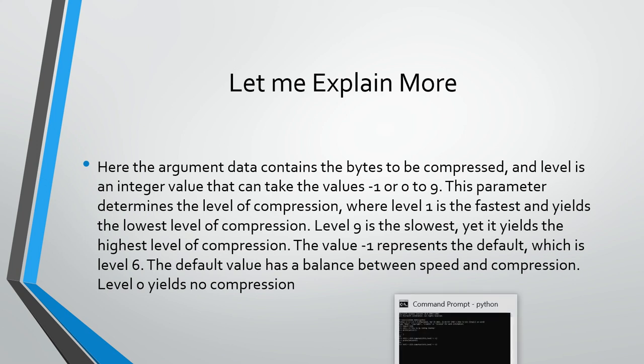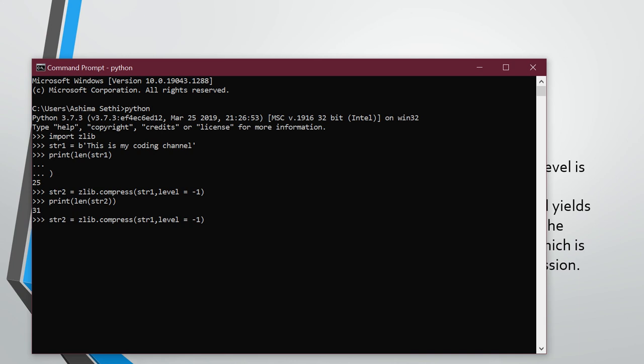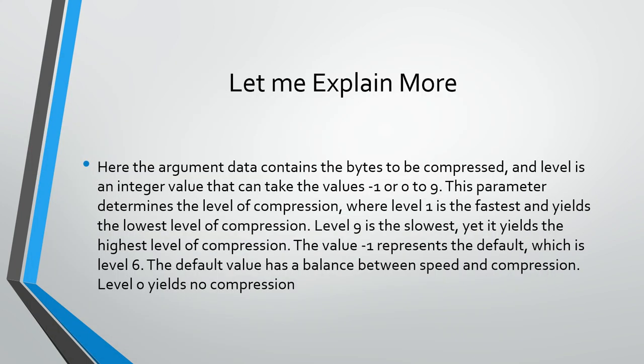Okay, so now let's do some research. If I am converting this, let's take it as str3, with level 0. Now if I print the length of str3, it is being compressed because level 0 yields no compression.